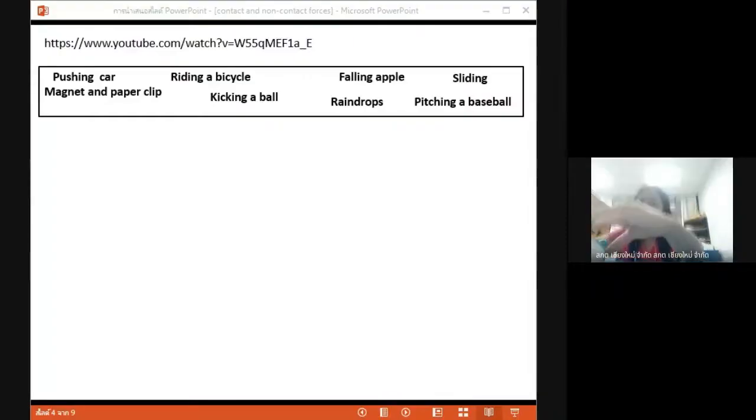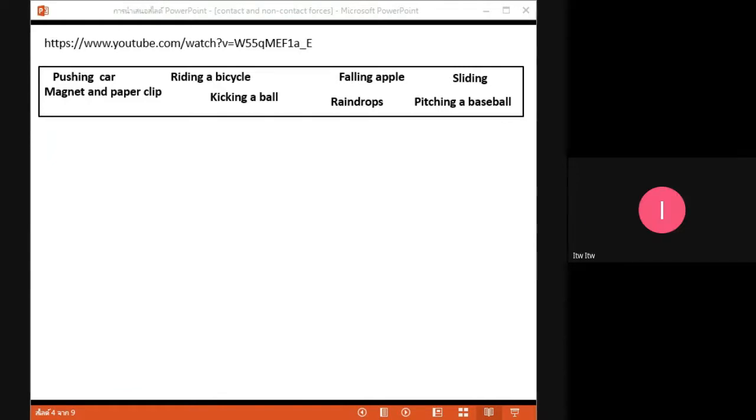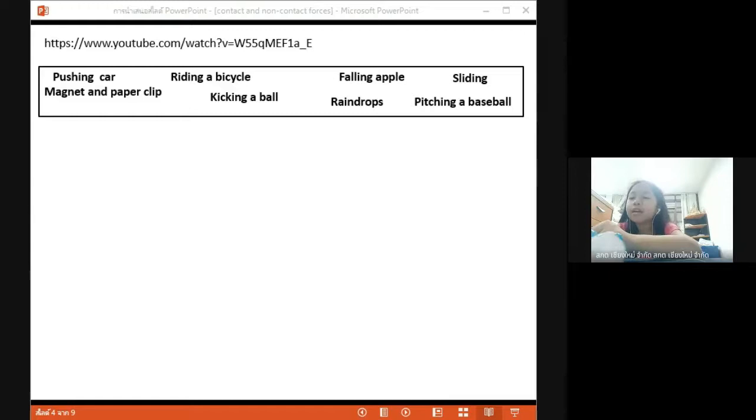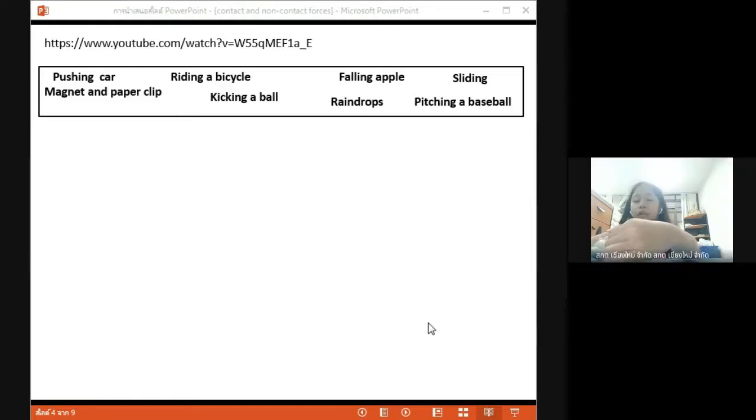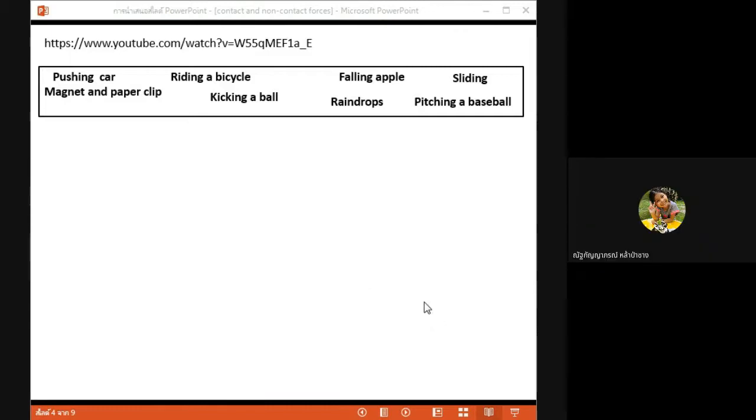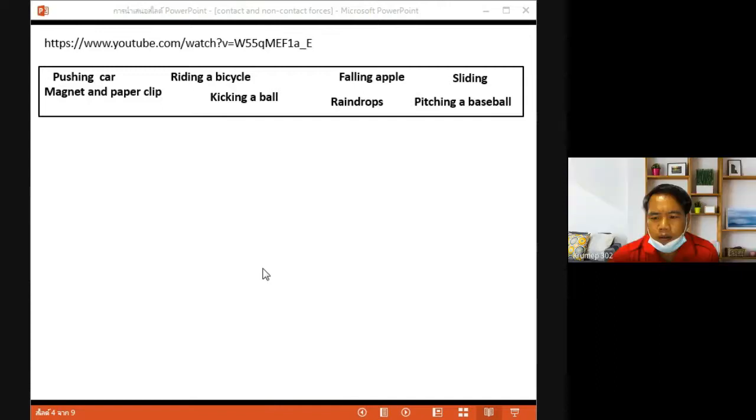Oh, Sky, kindly tell Buddy, do not play with his computer. Magnetism. Can you see now? Yes or no? Yes. Okay, okay, very good.